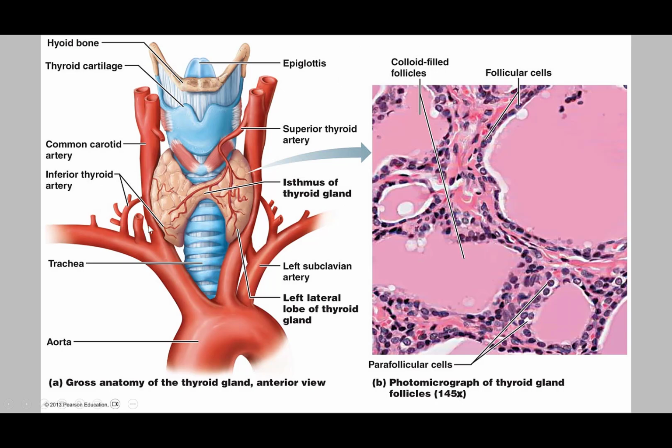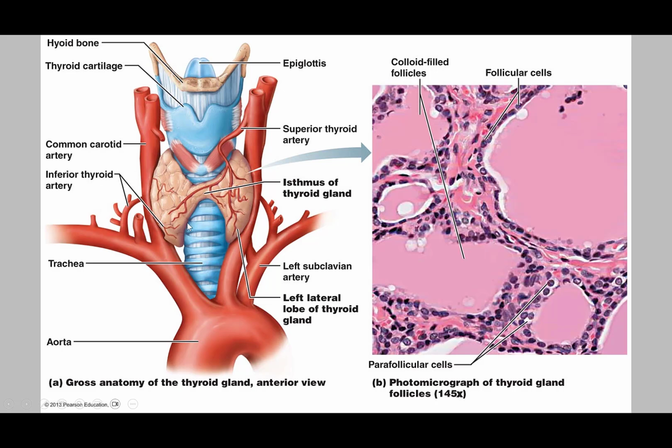And what we're looking at here on the left, this is the throat area right inside the front of the neck. This area right here is called the thyroid cartilage, so this is the larynx area. And right below the larynx, the Adam's apple, that is where we find the thyroid.